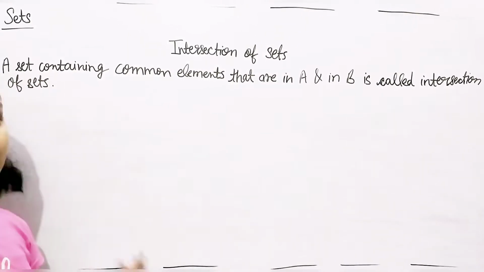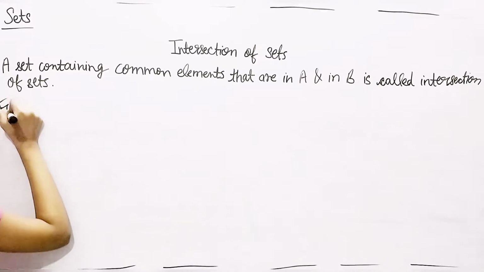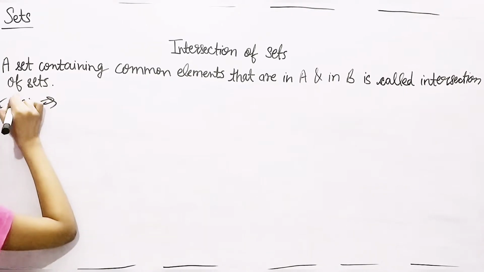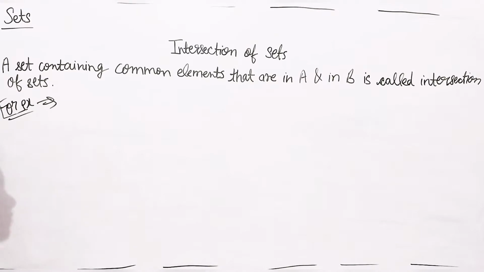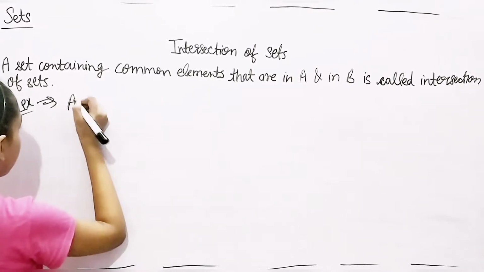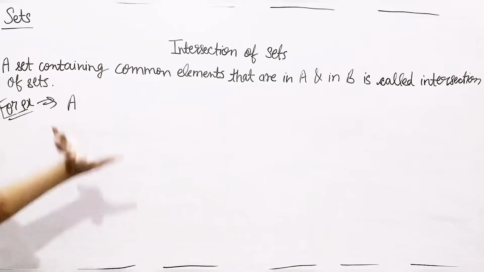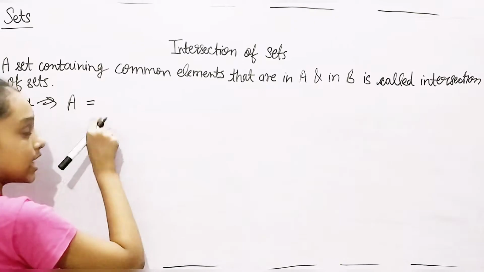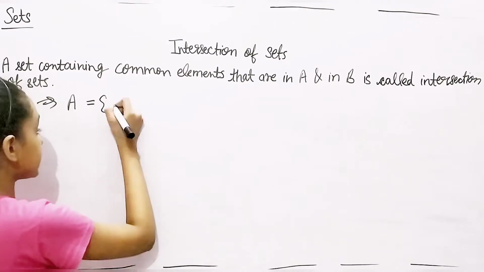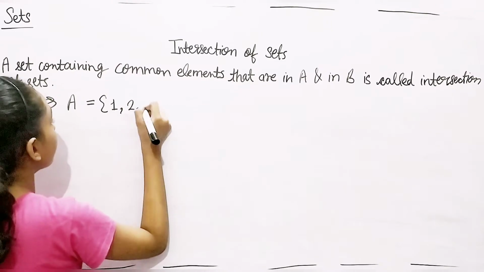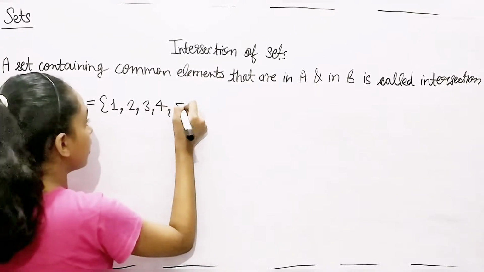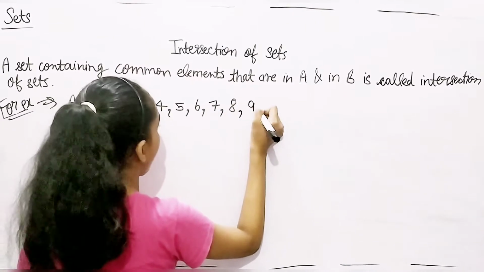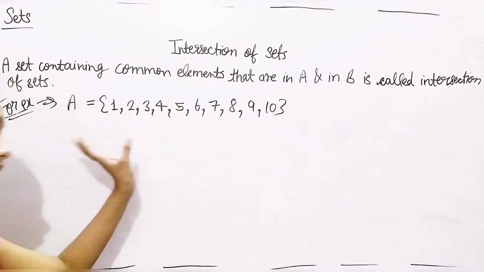Now let's take an example. I would like to take an easy example for the topic intersection of sets. Let's say we have set A and B, as I wrote in the definition, and in the example also I'm going to take the same sets. Set A is equal to the elements 1, 2, 3, 4, 5, 6, 7, 8, 9, and 10, total 10.